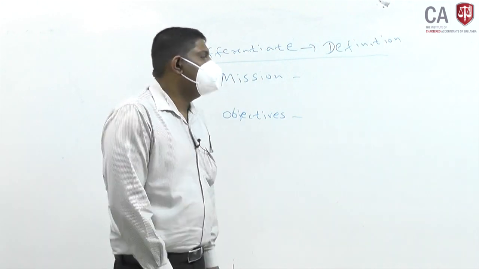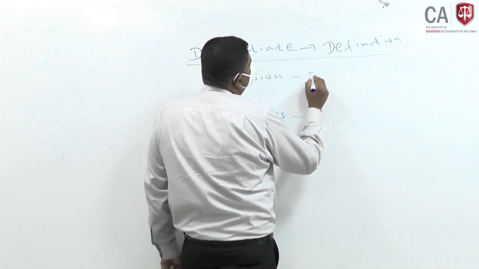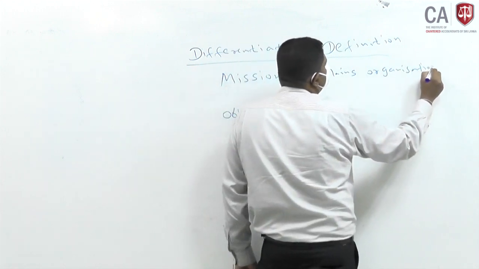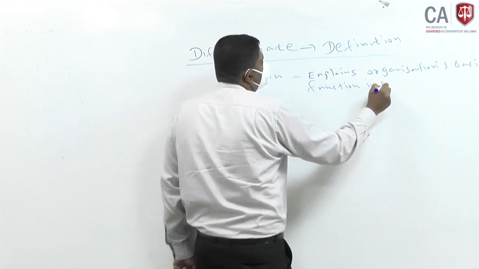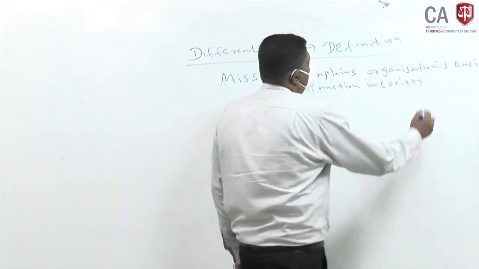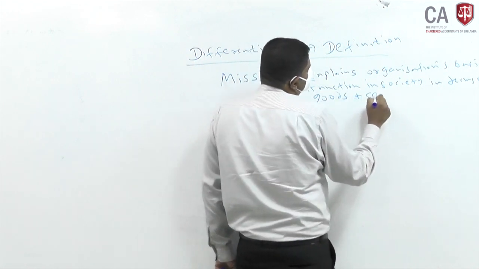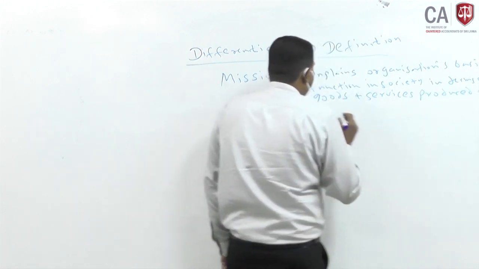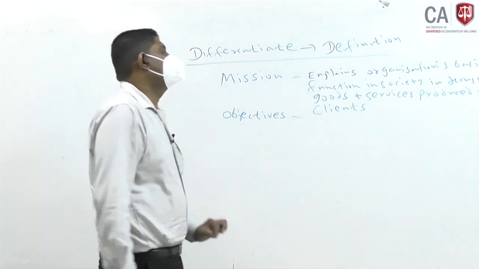We say that it explains the organization's basic function in the society, in terms of the goods and services it produces for its clients. Explain the organization's basic function in society in terms of the goods and services produced for its clients.